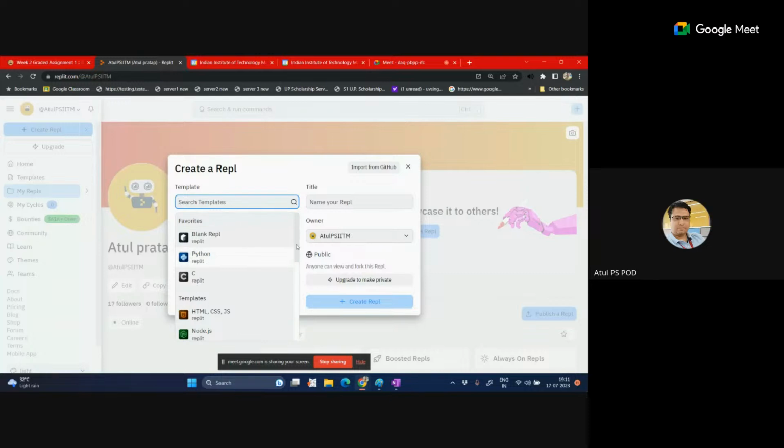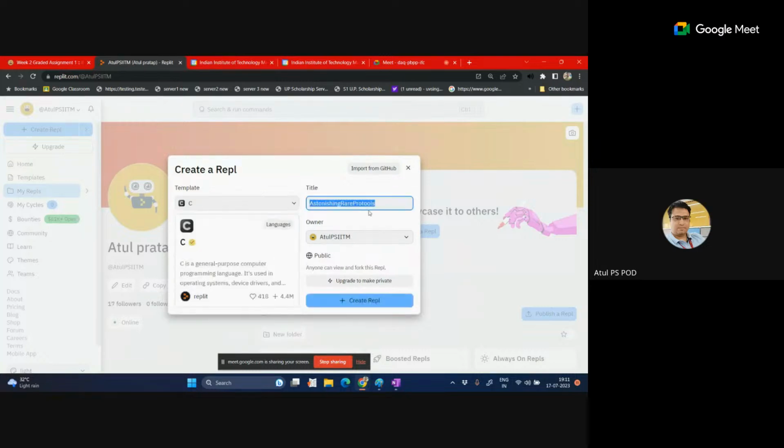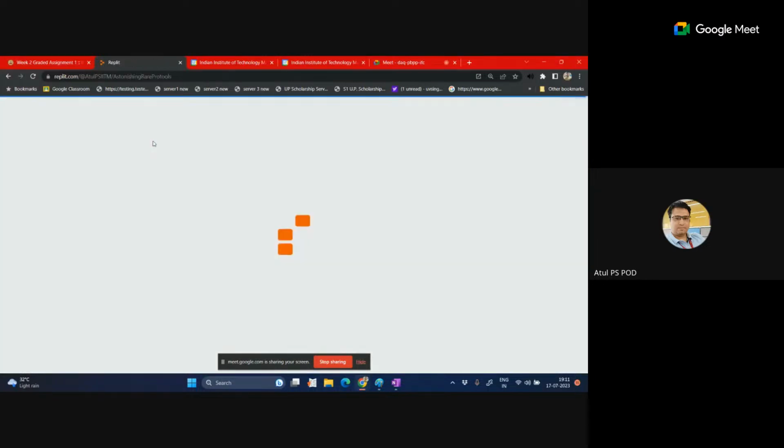You can select any language, and if you are comfortable in another language you can practice in that as well, but for this course you will select C. If it is not visible on the main screen, you can simply search. Select the C language, give it some name, and click on the Create button. You will get this interface.